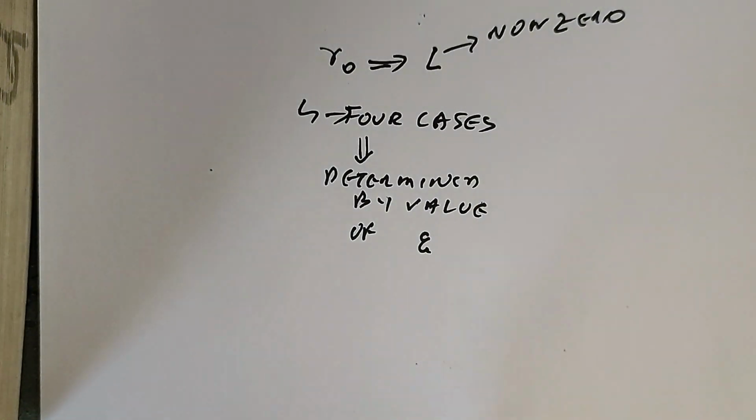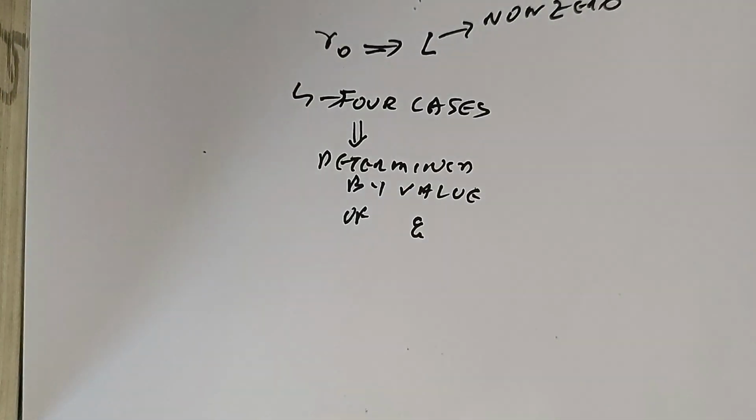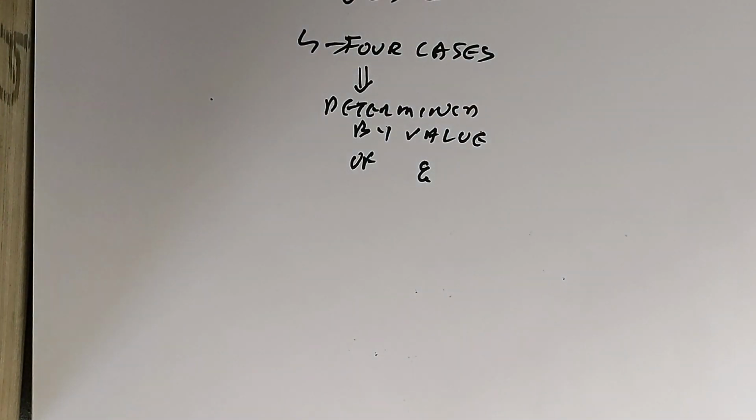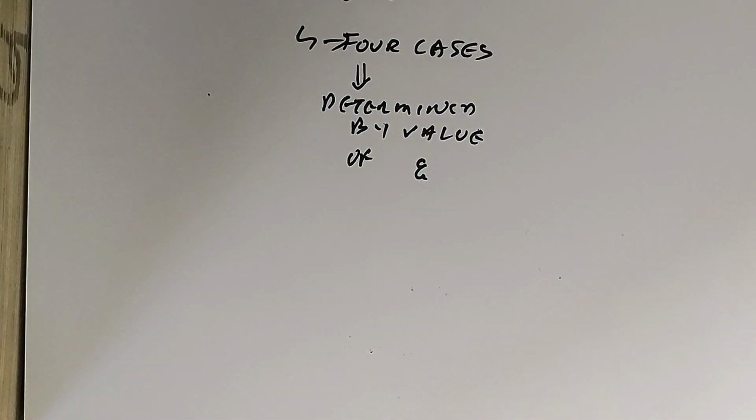So let's see the 4 conditions. I'll just state them briefly, and we can look at them in detail in the next video. I'm just setting a base in this video.